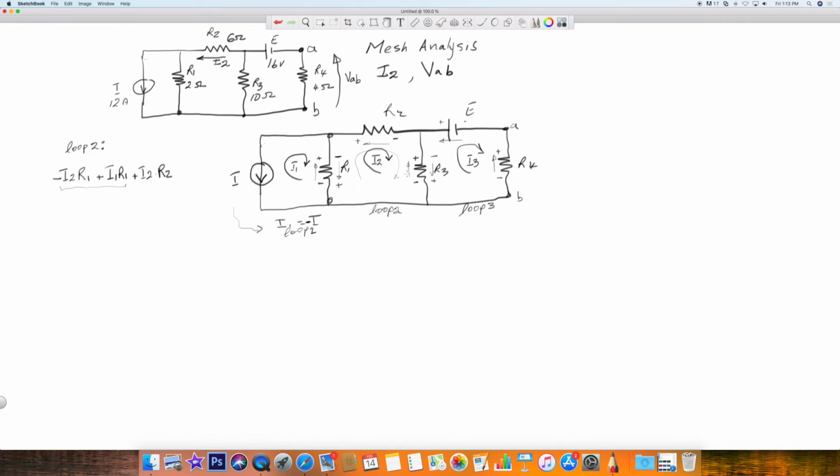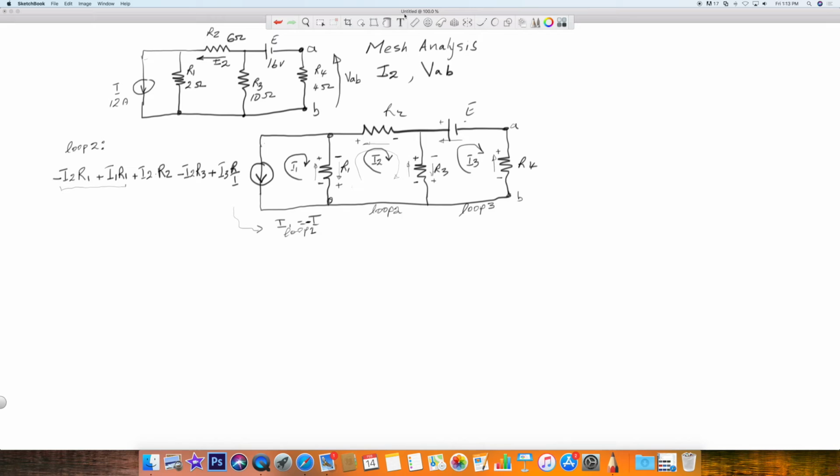So that would be minus I2R3. However, it's also plus, since the voltage drop in loop 3 is going the other way and has an effect on the total current going through R3. That would be I3R3.